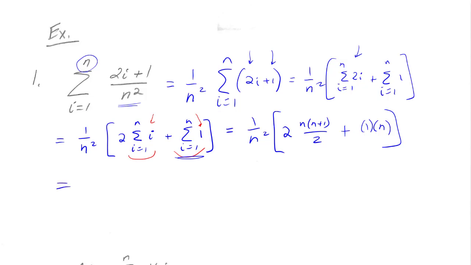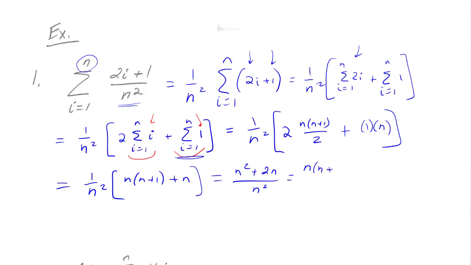Okay, so let's just clean this up. 1 over n squared times n times n plus 1 plus n. Okay, so if we wanted to do this, that inside would really be n squared plus n, or n squared plus 2n, over n squared.